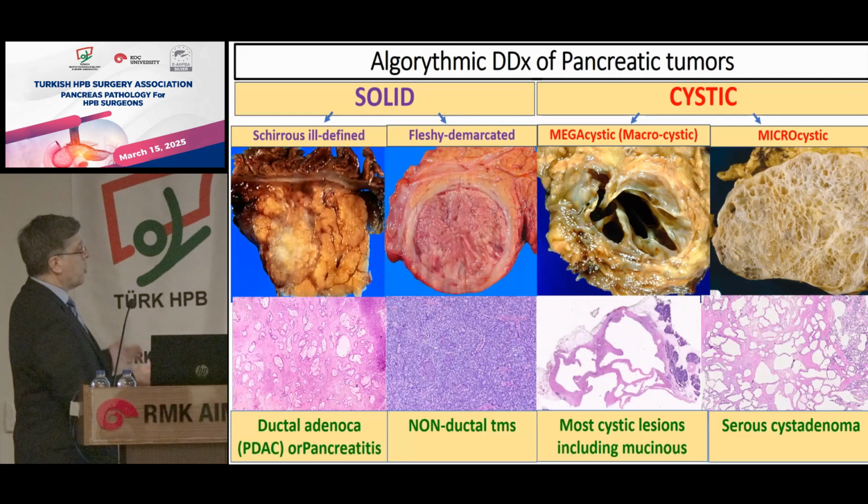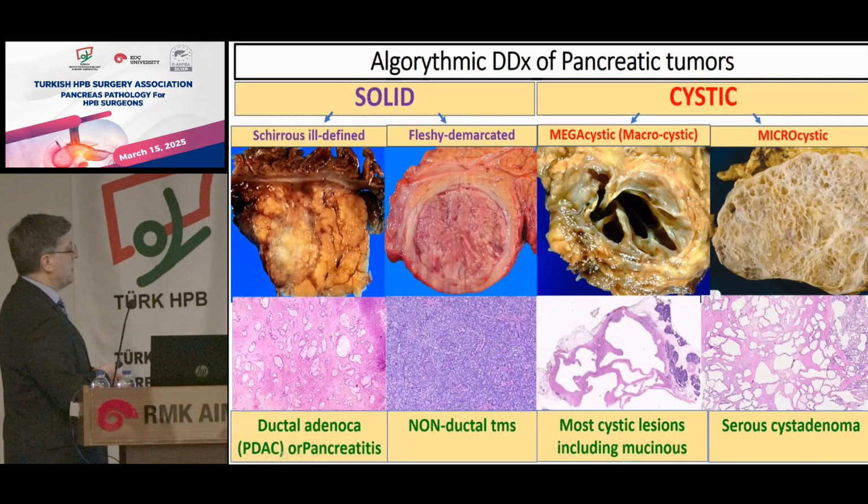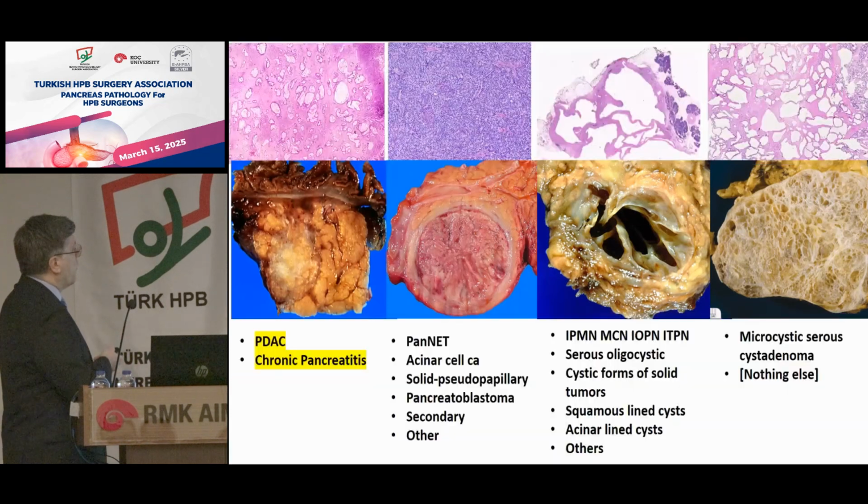So this is the broad differential diagnostic four groups that we deal with, and that's how our differential diagnosis starts. For the serous, ill-defined lesions, the main differential is between pancreatic ductal adenocarcinoma and chronic pancreatitis. They're vastly different. Most of them will prove to be pancreatic ductal adenocarcinoma.